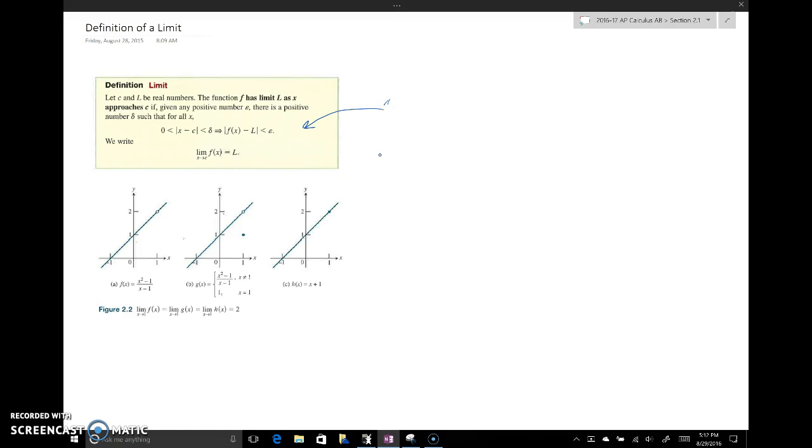The limit of a function is a value it approaches, but does not necessarily take on. So we'll say as x approaches c, but does not necessarily take on.